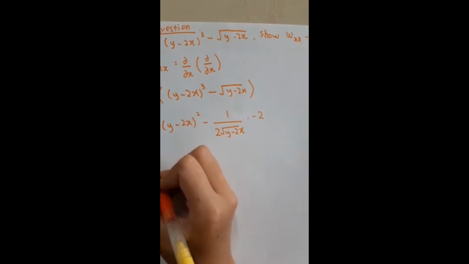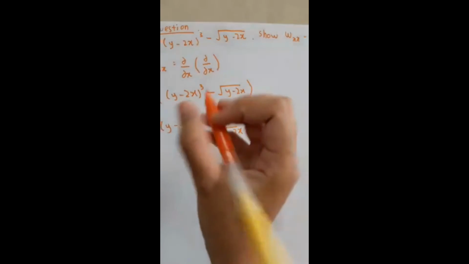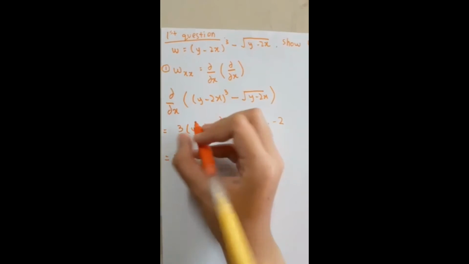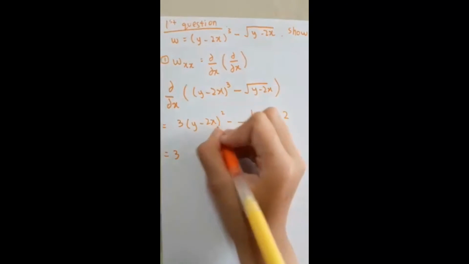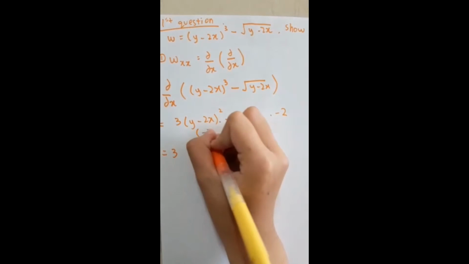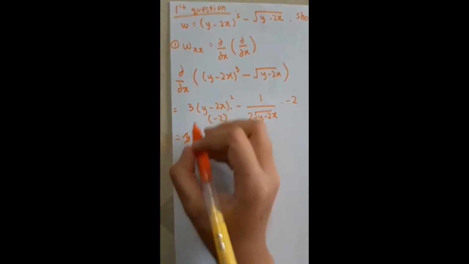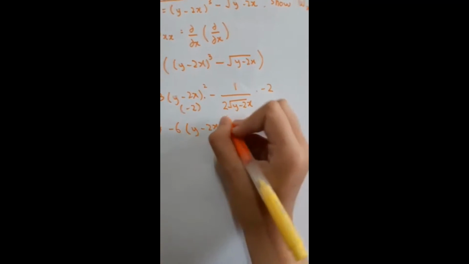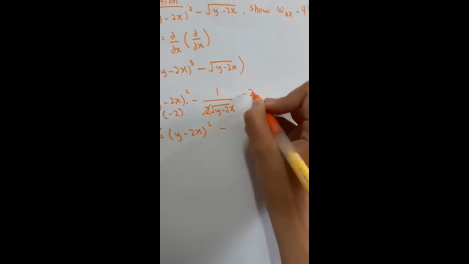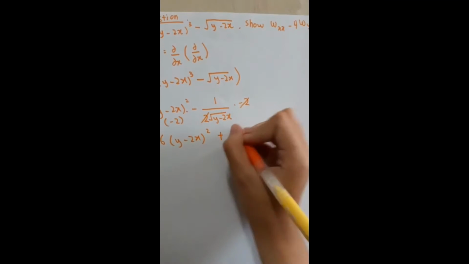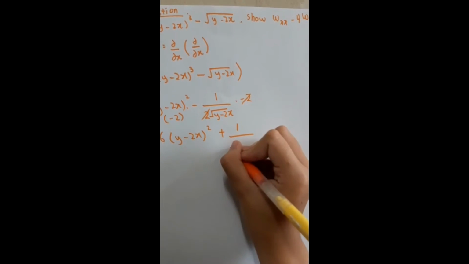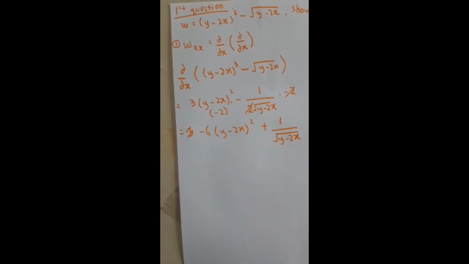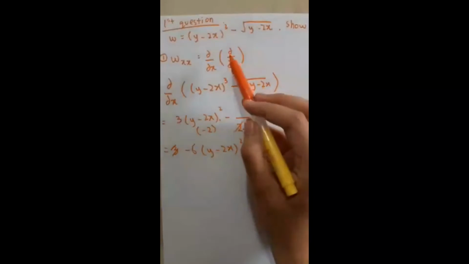Oh yeah, this one I missed out, we differentiate also the inner part, chain rule. So times negative 2. So this one will be negative 6(y minus 2x) to the power of 2 plus 1 over square root of (y minus 2x). Okay, so the first part of d over dx we are done.